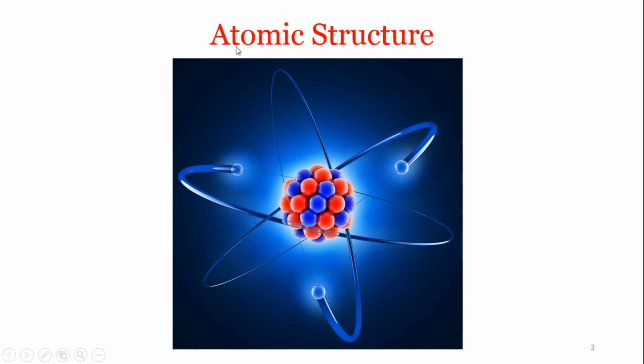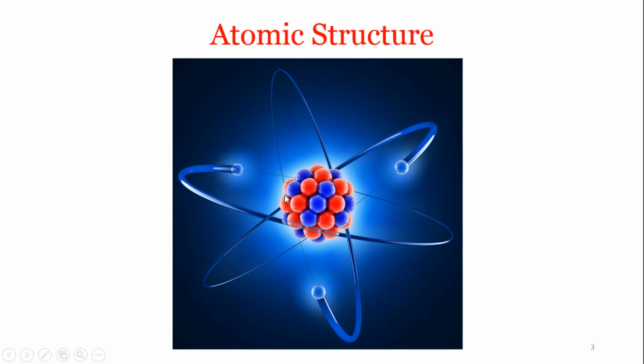In modern theory, any material or substance is electrical in its nature. All the materials are composed of very small particles called atoms. So this is the atomic structure, and this one is called the nucleus of an atom.